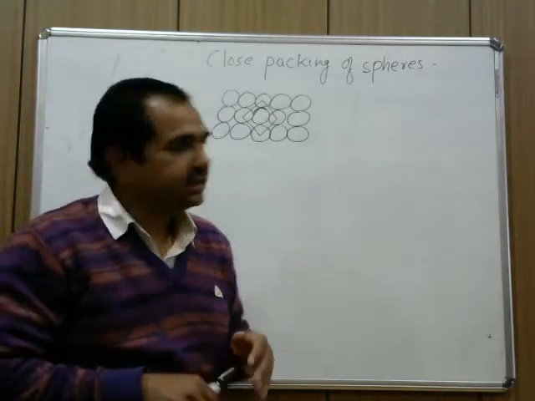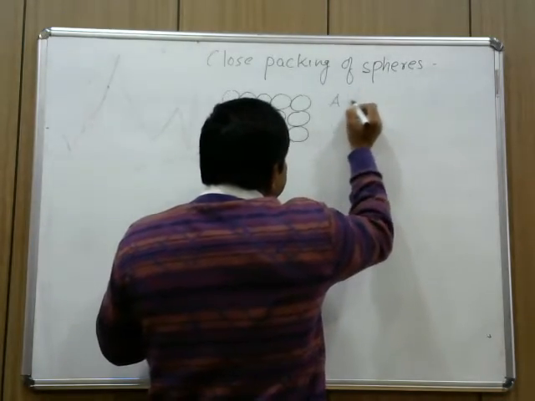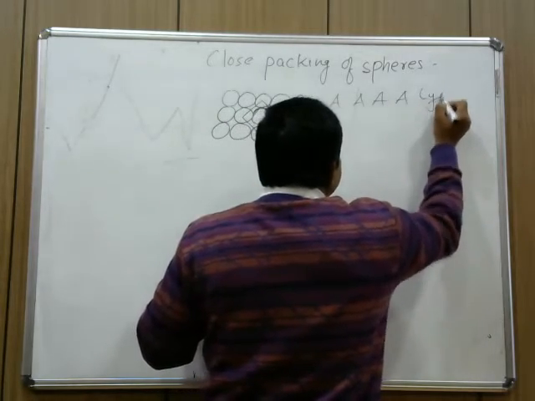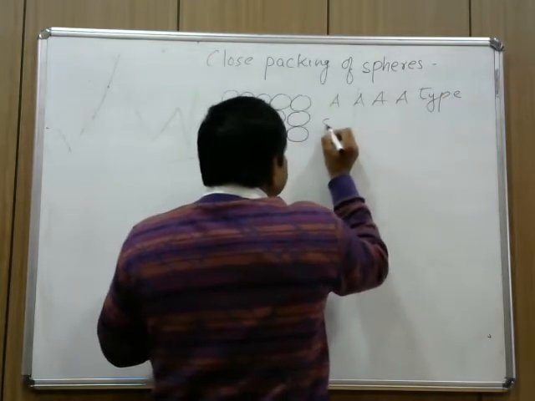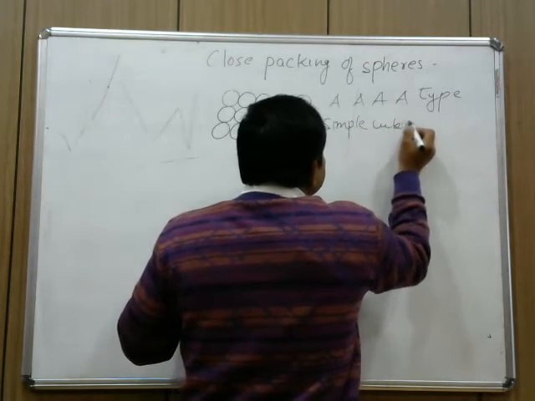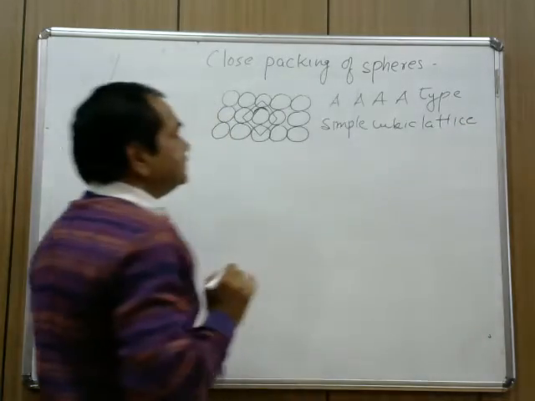This gives rise to an AAA type packing, and this is called simple cubic lattice.